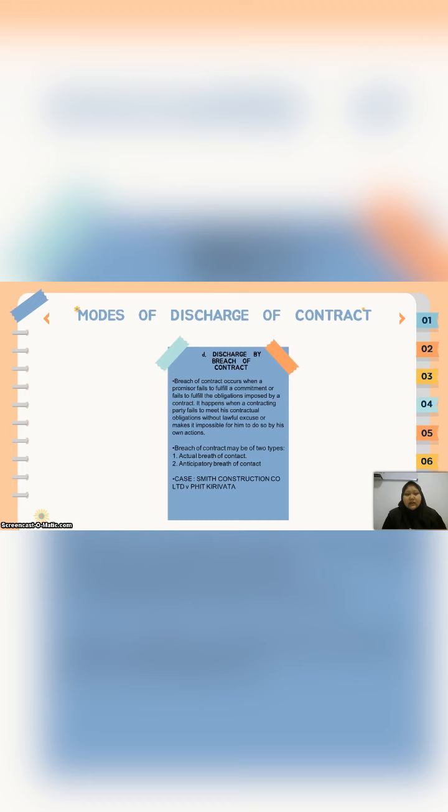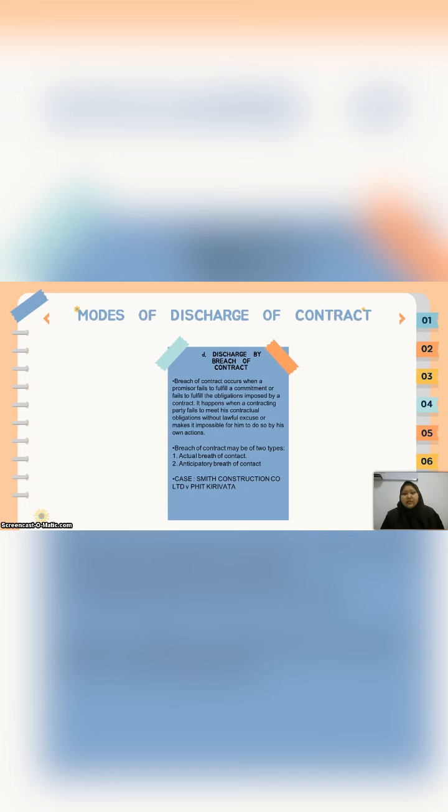Next is discharge by breach of contract. Breach of contract occurs when a promisor fails to fulfill a commitment or fails to fulfill the obligations imposed by a contract. It happens when a contracting party fails to meet his contractual obligations without lawful excuse or makes it impossible for him to do so by his own actions.